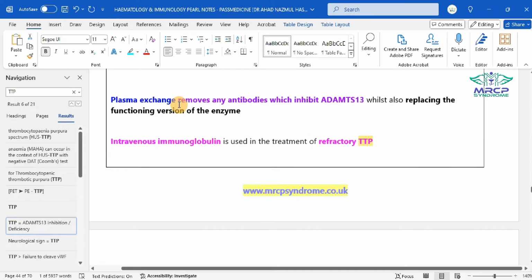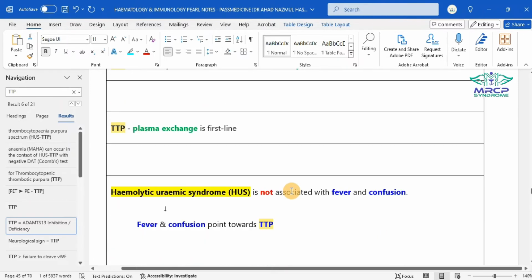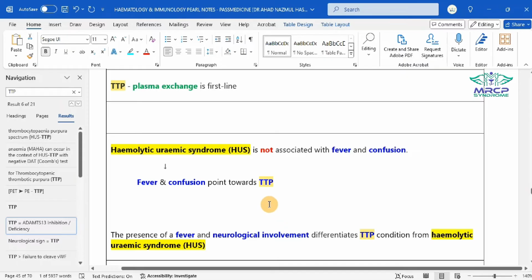Plasma exchange removes any antibodies which inhibit ADAMTS13 whilst also replacing the functional version of the enzyme. And in case of refractory TTP, you can also go for IV immunoglobulin. So plasma exchange is the first line.